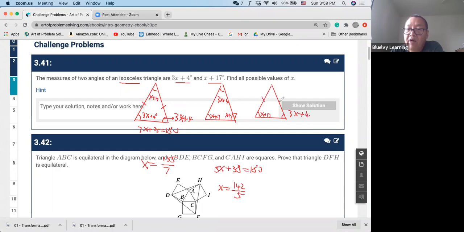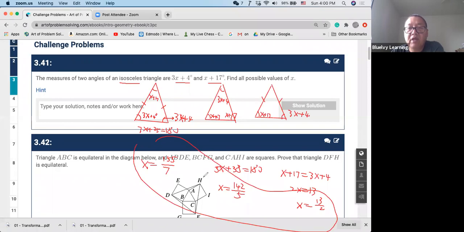Then we also have this side equal to this side. So that means x plus 17 equals 3x plus 4. By solving this equation, we get 2x equals 13. So you get x equals 13 over 2, right? So then for this problem, you got three answers, okay?